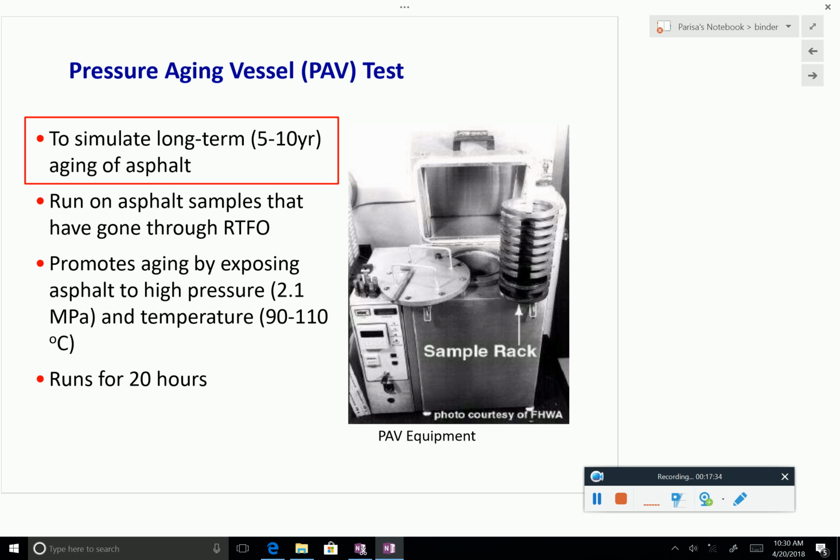You want to have good material that lasts for a long time. So that's the idea. And here you apply pressure and temperature, and you look at viscosity before and after, pretty much. So this is more for long-term aging.